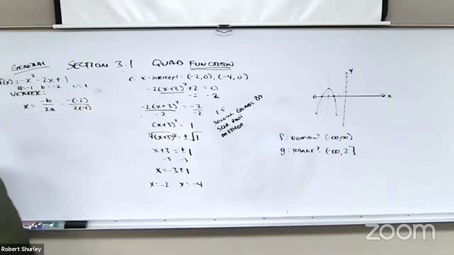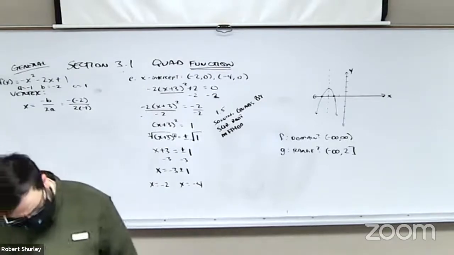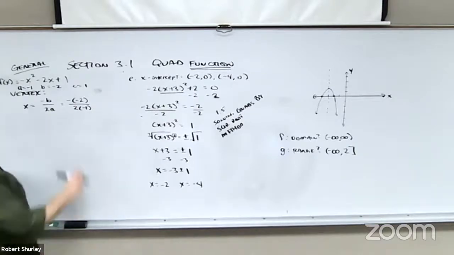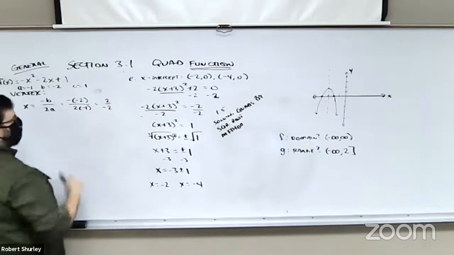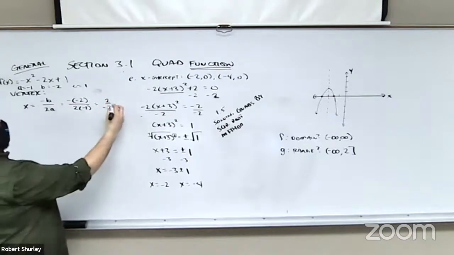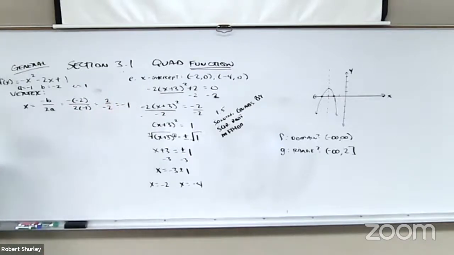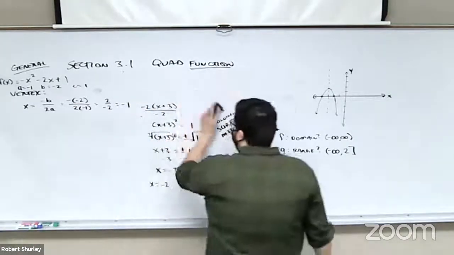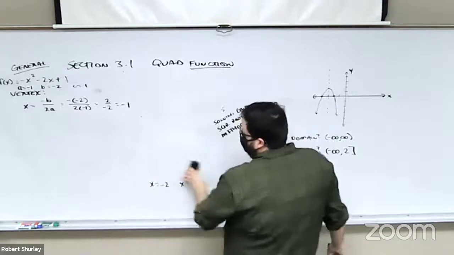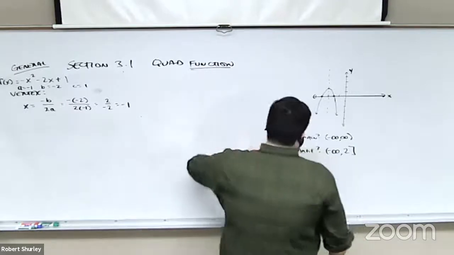There's a lot of negatives going on. In the numerator, we just get a +2, and in the denominator, we get a -2. So this winds up being -1. So we found the x value for the vertex.